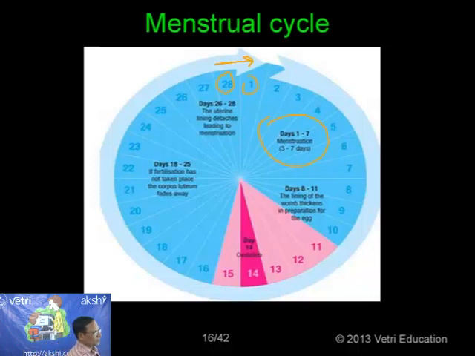Now what is happening after that? Days 8 to 11: the lining of the womb, the uterine endometrium, thickens in preparation for the egg. This is what we call the danger period, which is why it is given in red or pink.